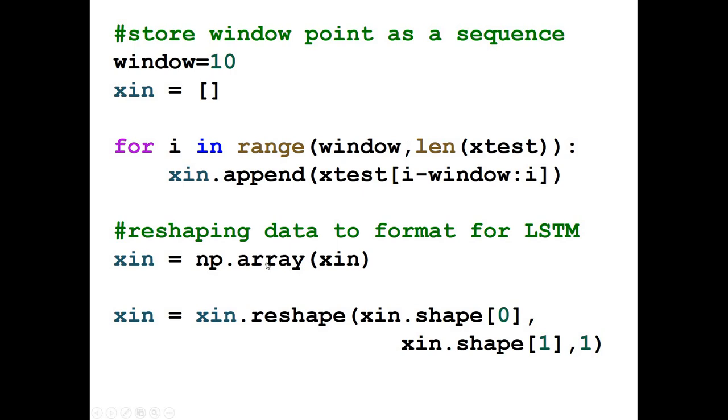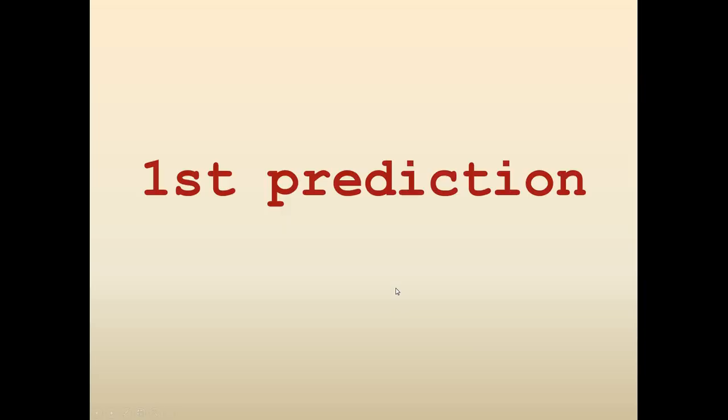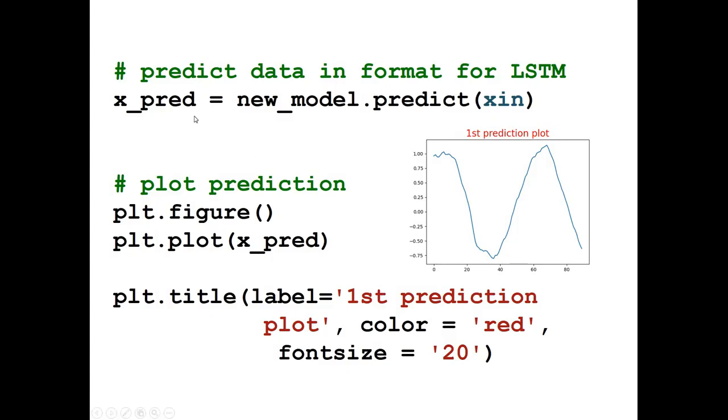So what you're doing is creating a new array xin, and you are reshaping that. This is the process which was going on earlier also. And the first prediction is done, xpred is equal to new_model.predict(xin), and xin, what does it contain?